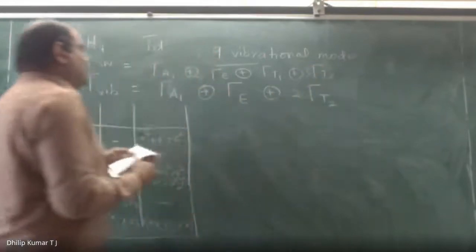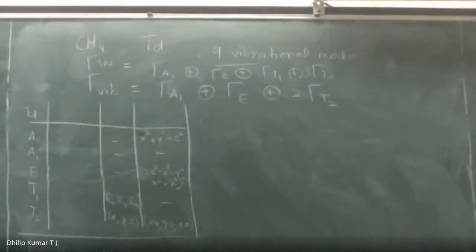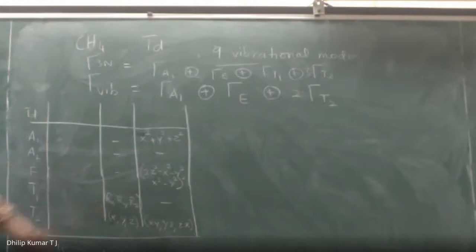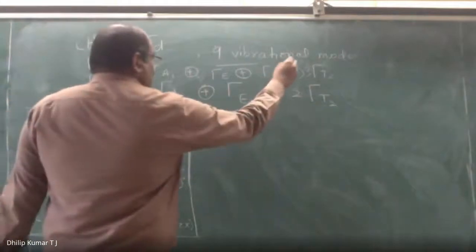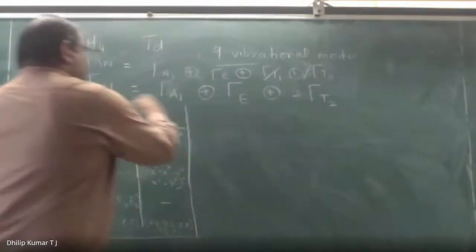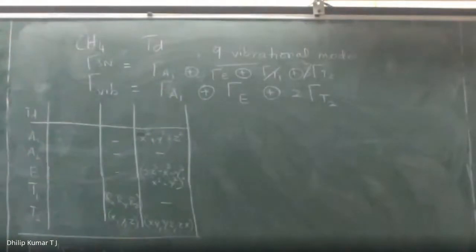Then translational and rotational are subtracted. Translational is T2, rotational is T1. So you subtract that, T1 gets cancelled, and one of the T2s goes. So that's what we have written; this is the vibrational mode.